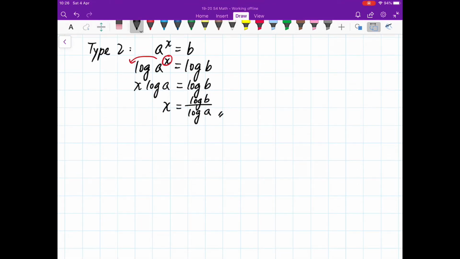And then you can help me to write down an example. 2 to the power (x minus 1) equals 5. As you can see, 2 and 5 are two different numbers. Then we can take log on both sides.